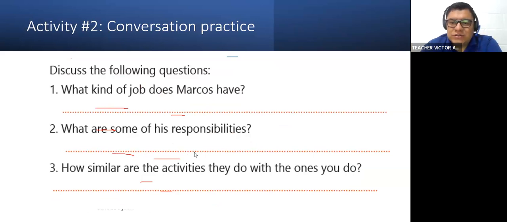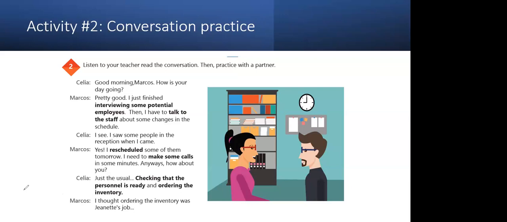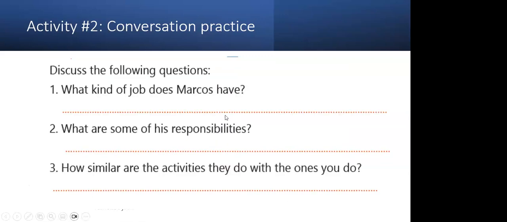So we have these questions. Let's try to get the answers for these questions. Question number one is, what kind of job does Marcos have? I'm going to show the conversation again. What kind of job does Marcos have? Interviewing potential employees.